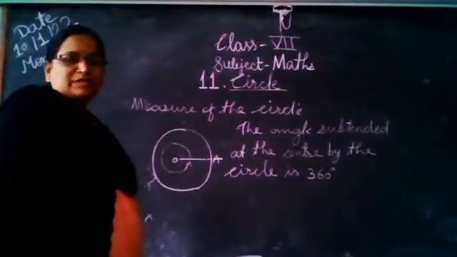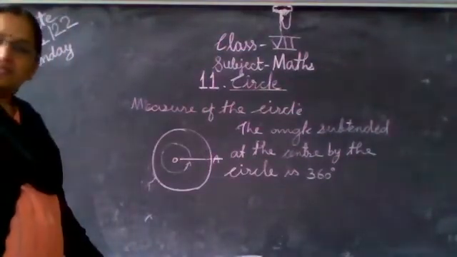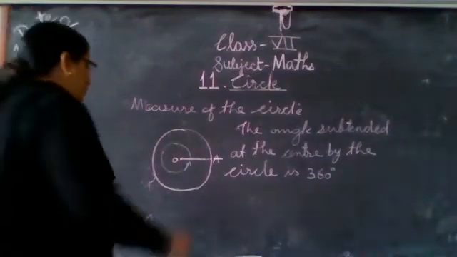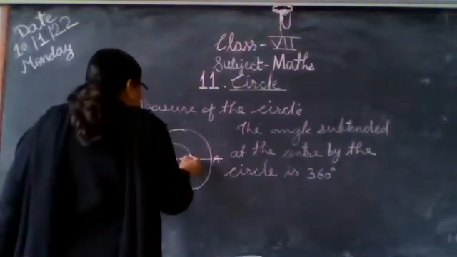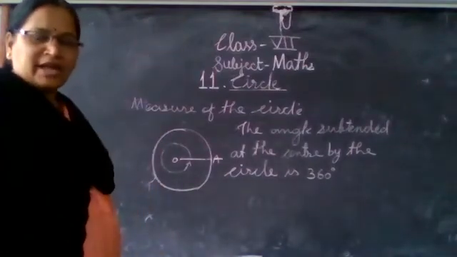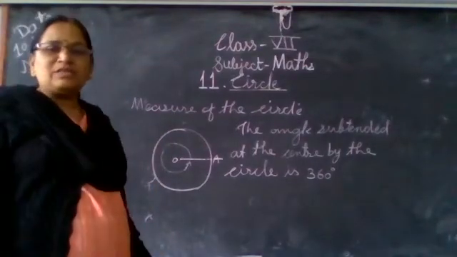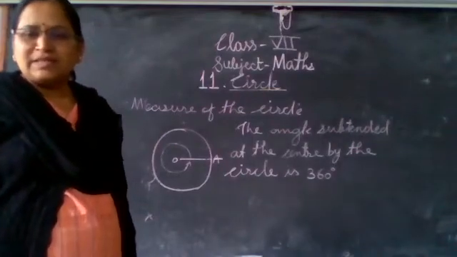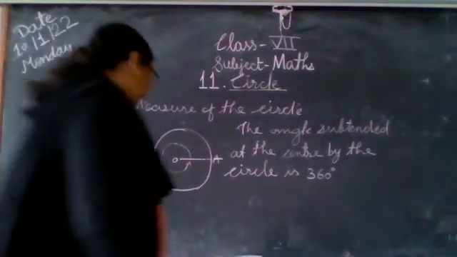So the measurement of the circle is always 360 degree. Why? Because when we rotate this ray anti-clockwise, it takes one rotation. And we already know, beta, the measure of a complete angle is 360 degree.